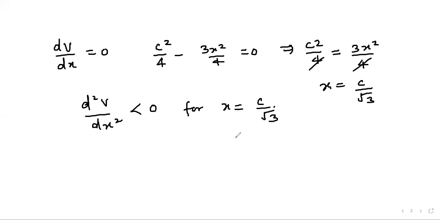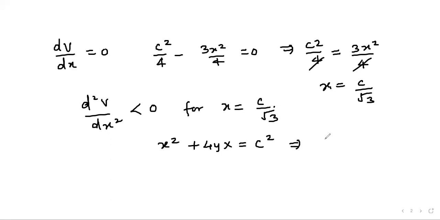Now we can find the volume. We have x equal to c by root 3. Then from the relation x square plus 4xy equal to c square, we can get the value of y also.